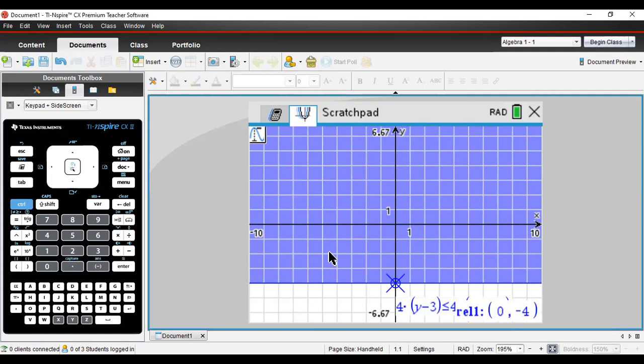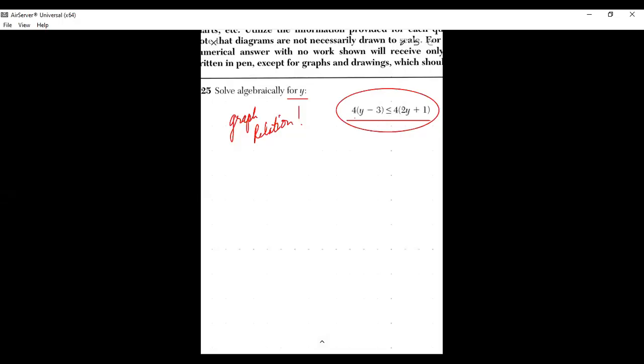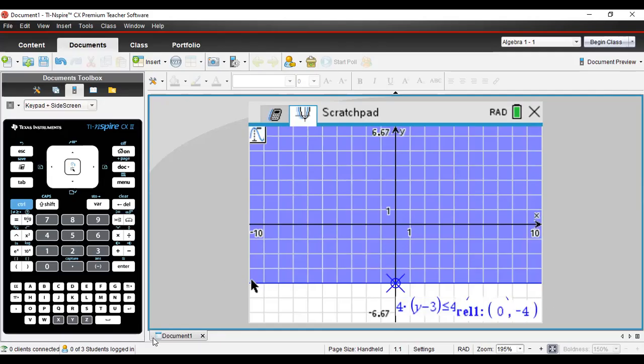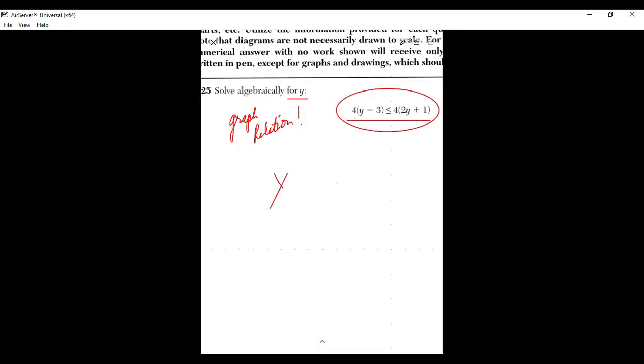Now, let me go here. And so I'm going to have y, and then was that a -4 or a +4? It's a -4. So I'm going to put y, and then I'm going to put -4. Now the question is, is it going to be less than or equal to, or greater than or equal to?